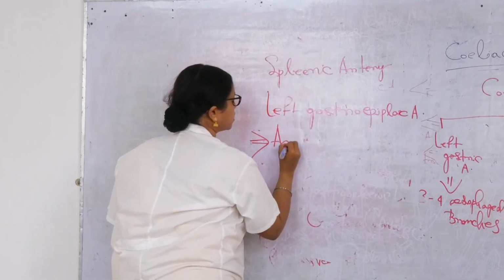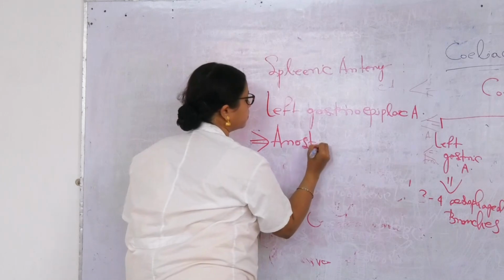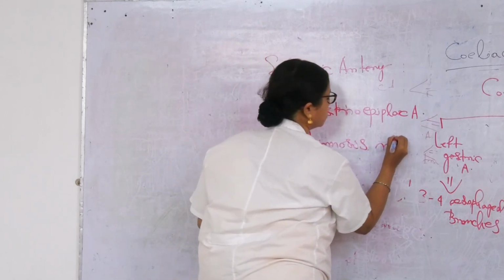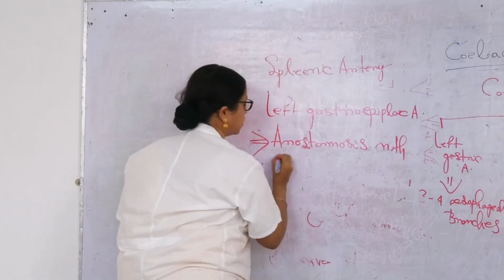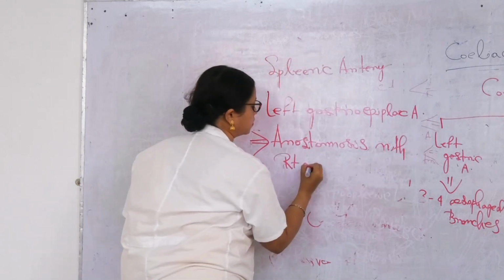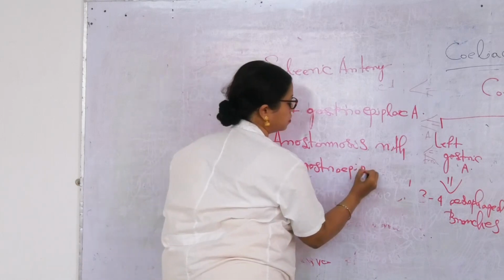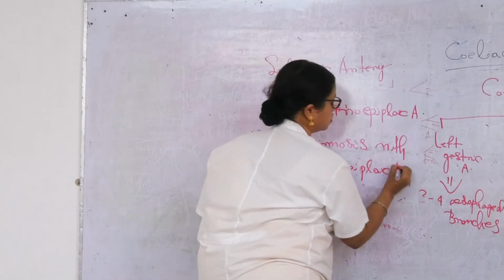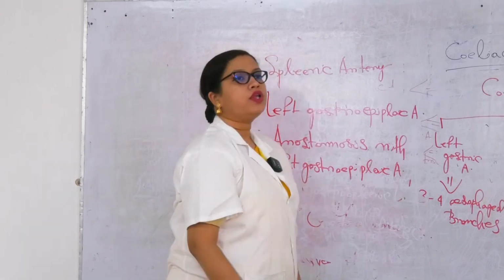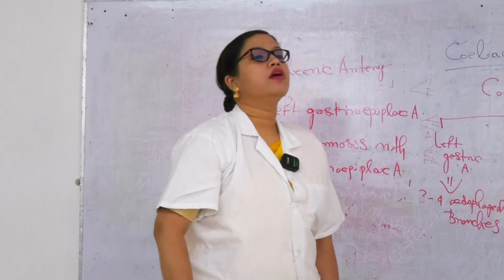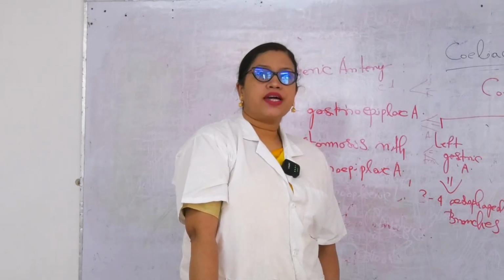It will do anastomosis with the right gastroepiploic artery. Okay, and where will it be found? On the greater curvature. Okay, so this is about the celiac trunk.